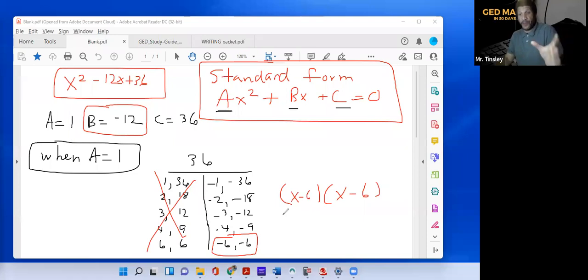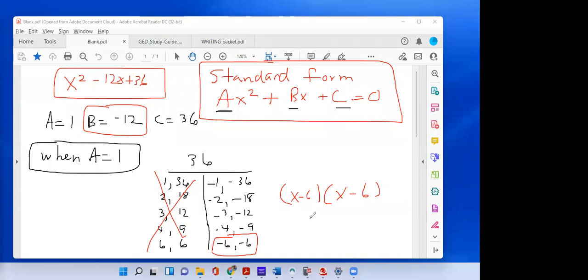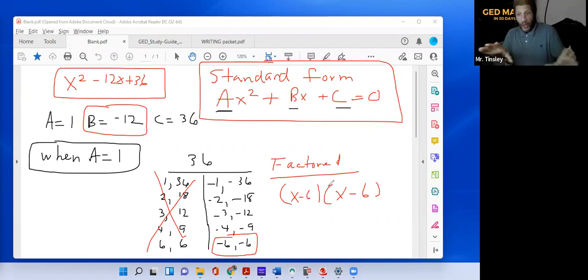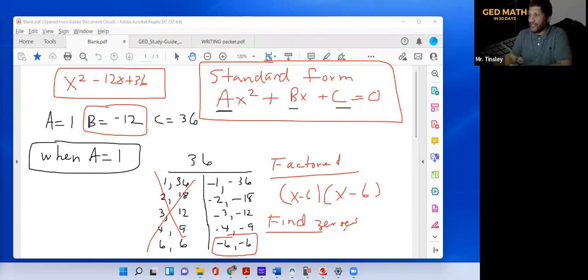Once you find your factor pairs, same signs are positive, right? This is how you factor a quadratic equation. Now, two questions they can ask you for a quadratic equation. They can ask you to factor it, or they can ask you to solve it. If they ask you to solve it, you must find the zeros. What that means is what value of x would make each one of those 0.